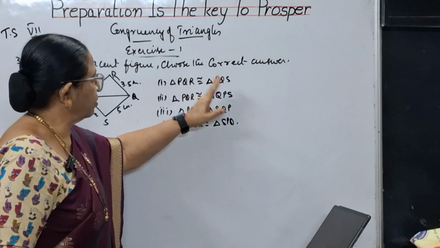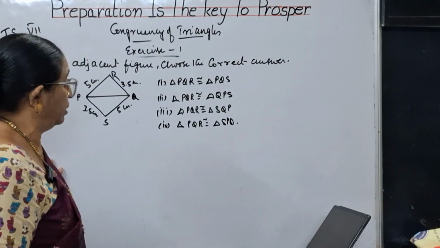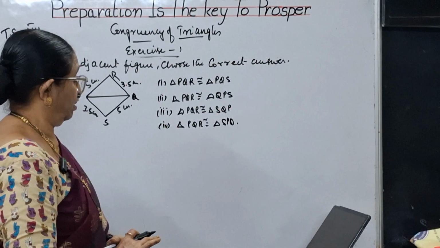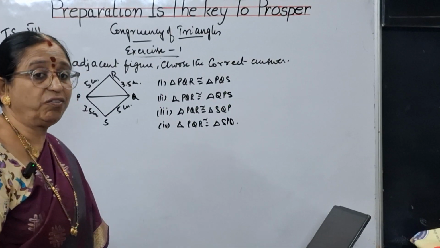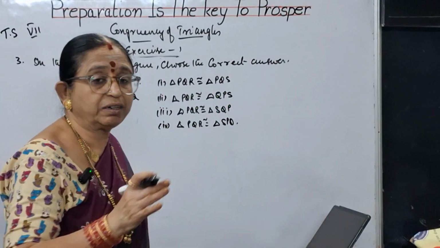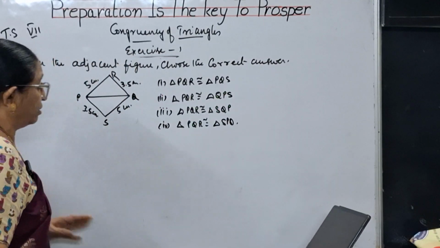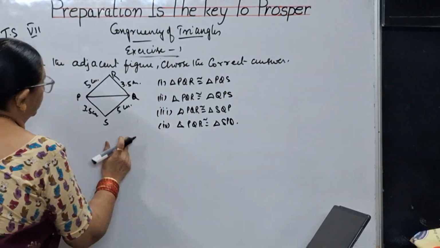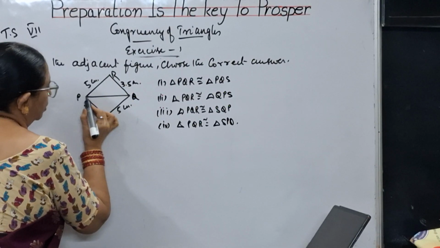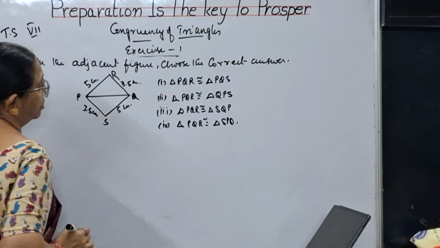But when they have given this kind of trickish question, the question is choose the correct answer. That means here he wanted you to concentrate on the way in which the triangles are taken into consideration. Triangle PQR. When it has gone to PQ, PQ is the same.